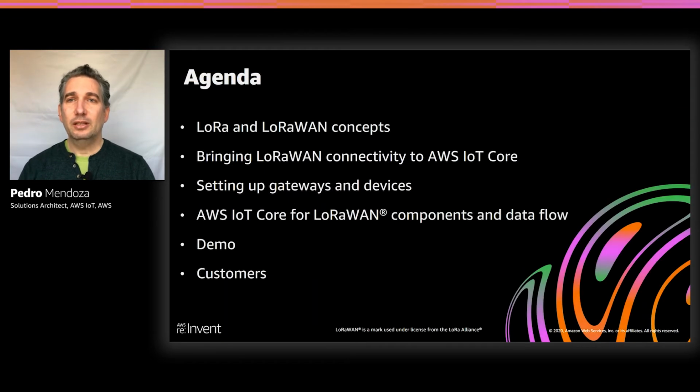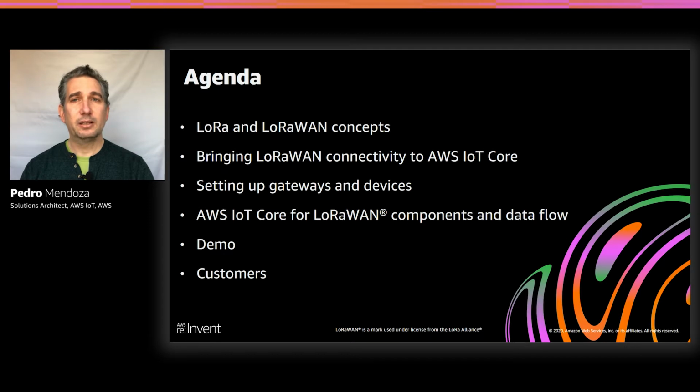This is the agenda for today. We will start with some introductory explanation of the LoRa and LoRaWAN concepts, and then we will move into explaining the benefits of bringing together LoRaWAN and AWS IoT. Next, we will dive a bit deeper into the process to actually set up the gateways and device in order to be able to connect to AWS IoT Core for LoRaWAN, and we will dive deep into the different components that build up the AWS IoT Core for LoRaWAN service.